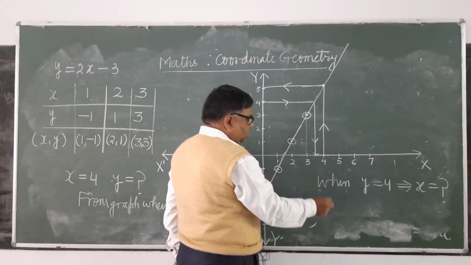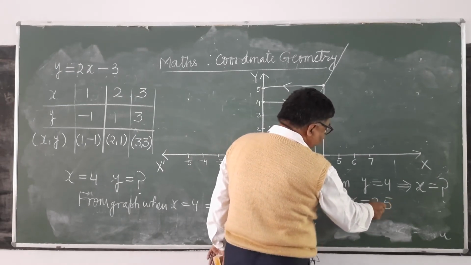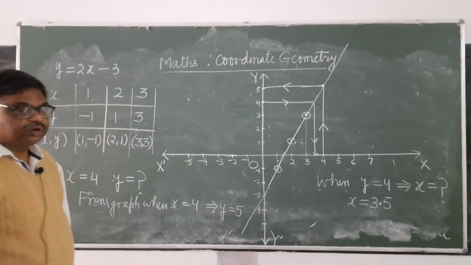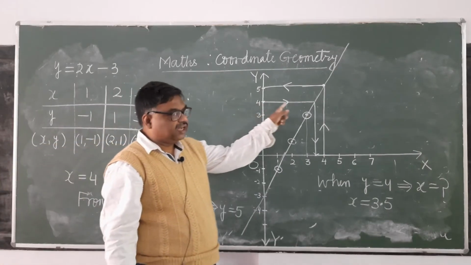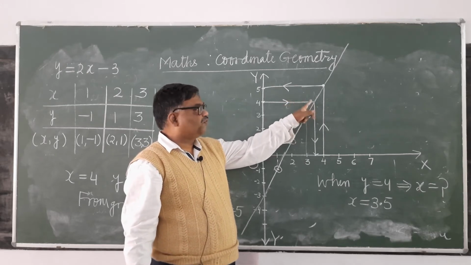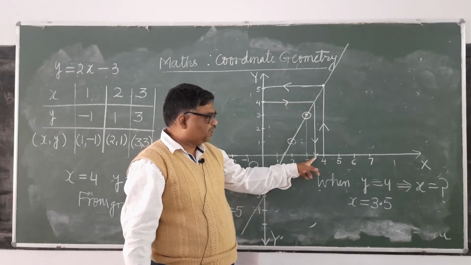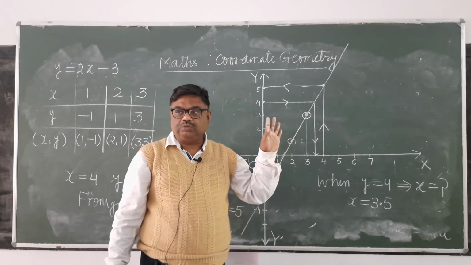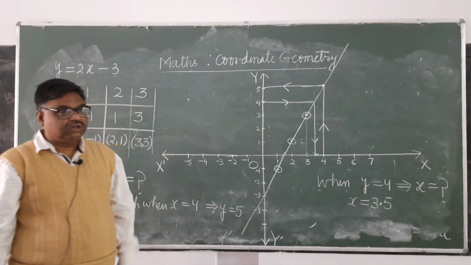This will be nearly 3.5. x equals 3.5. Is it clear? From the graph it comes out 3.5. So yes, it comes out 3.5. y equals 4: you draw the line, locate the point on the graph and see in front of which x value it is. It is exactly between 3 and 4, so 3.5. Is it clear? So this way you can do this.